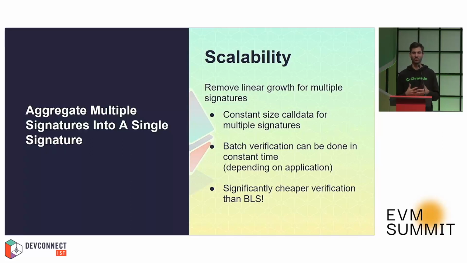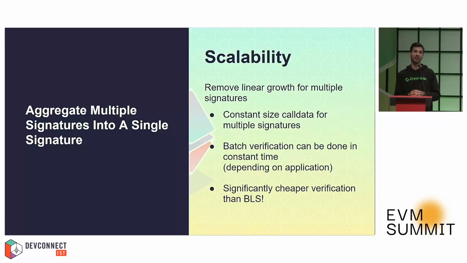What you get with Schnorr is one signature. You have this many-to-one relationship of signers to signatures, and so you get this really nice property of constant size call data for any number of signatures.